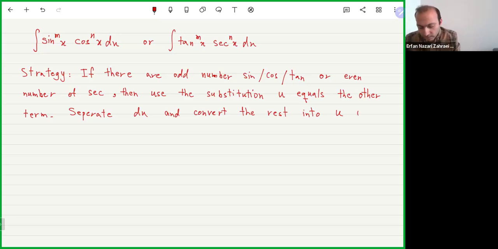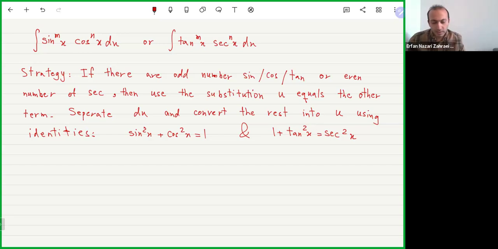Using two identities: sine squared plus cosine squared equals 1, and 1 plus tangent squared equals secant squared. Using these identities, this one should be used for this integral and this one should be used for this integral, obviously.